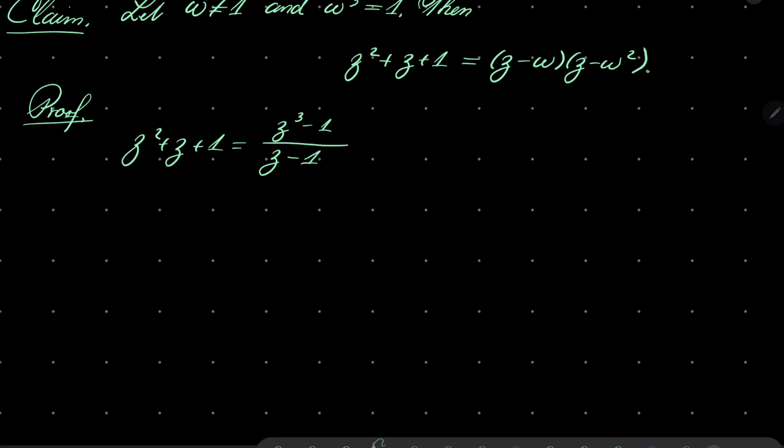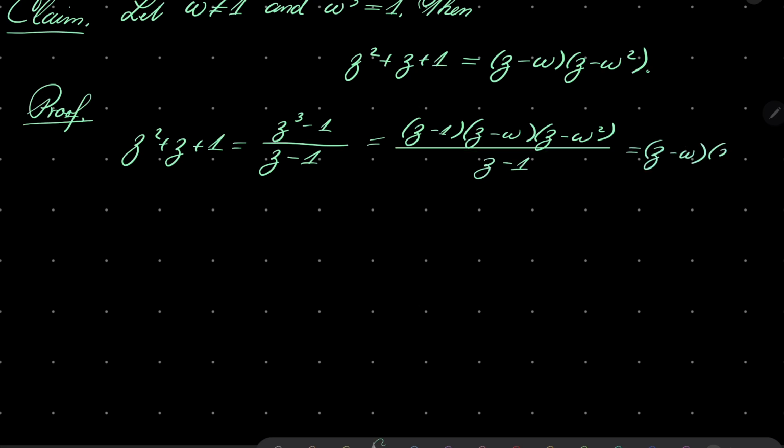Both omega and omega squared make this denominator vanish, so it can be written as (z minus 1)(z minus omega)(z minus omega squared) over (z minus 1). And z minus 1 is gone, and after doing that we are left with this, which concludes the proof of our claim.